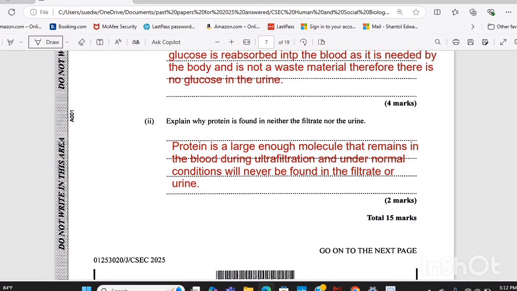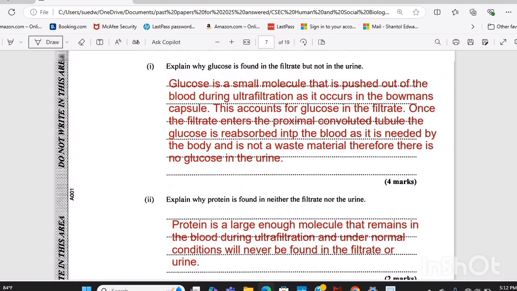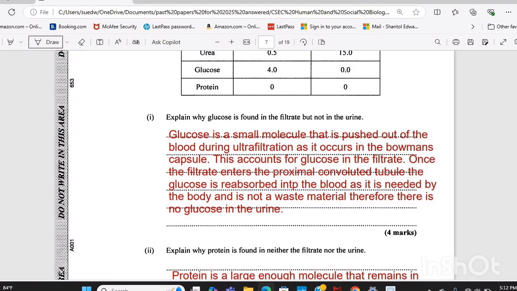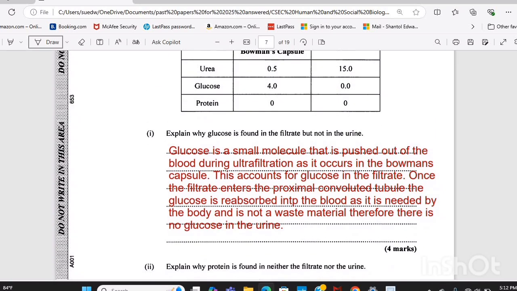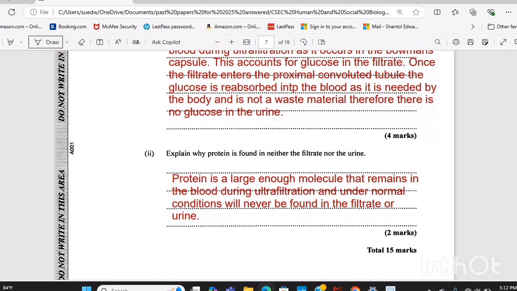Explain why protein is found in neither the filtrate nor the urine. So if we go back to the table, we do not see any trace of protein in the filtrate or in the urine. Right? Now, the reason for this is that protein is a large enough molecule, so large that it remains in the blood during ultrafiltration. And under normal conditions, it will never be found in the filtrate or the urine.